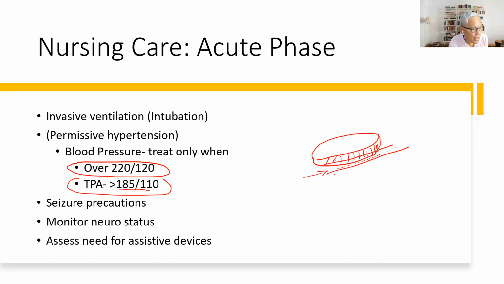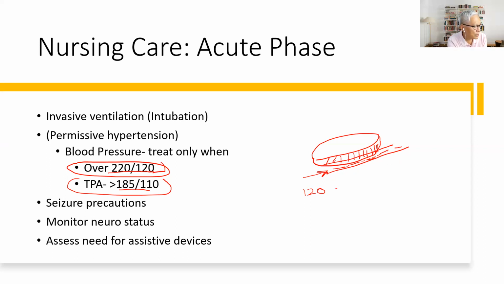And the answer to that is higher pressures. Because if you allow the blood pressure to be 120, it might not be strong enough to push blood into these constricted vessels. All right? And so that's why we only treat them if it's over 220 over 120.